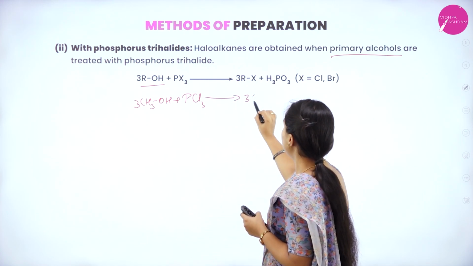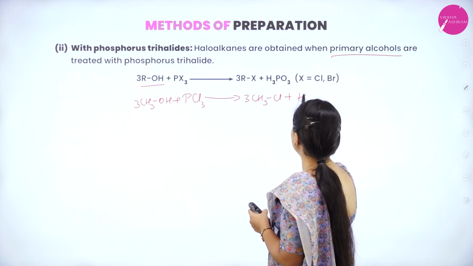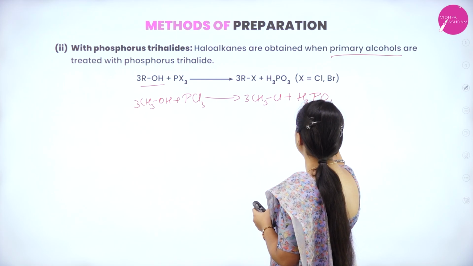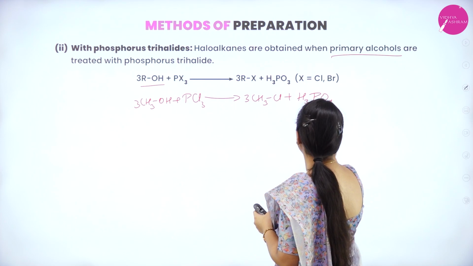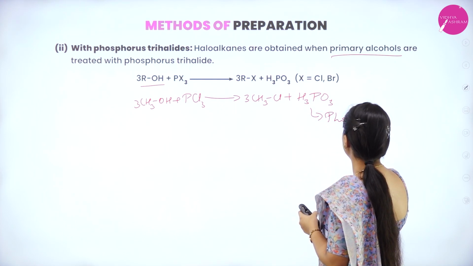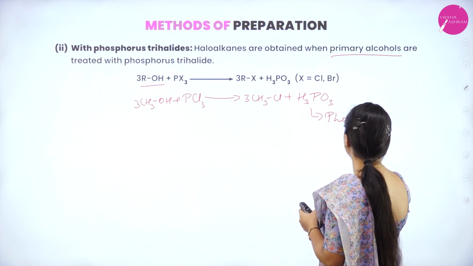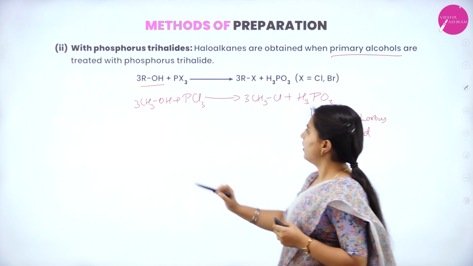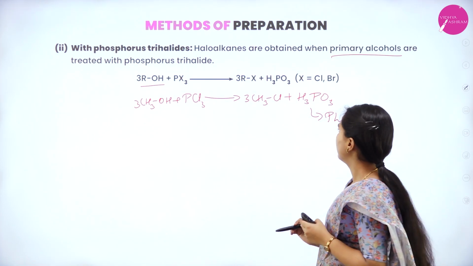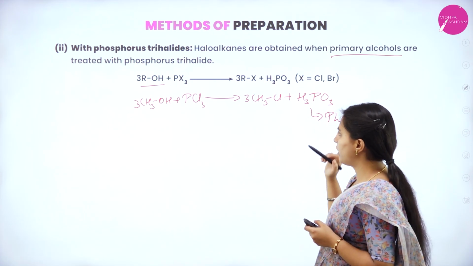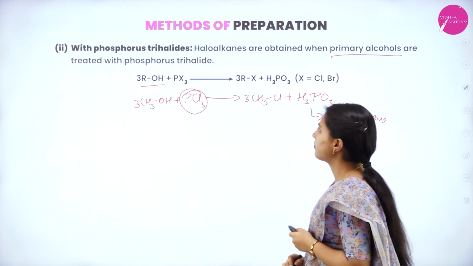It will form 3CH3Cl plus phosphorous acid, H3PO3. This is the primary alcohol, and this is the alkyl halide, which gives out phosphorous acid, and this is phosphorus trihalide.